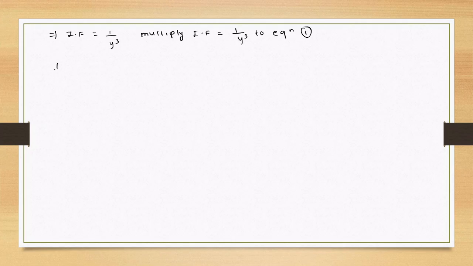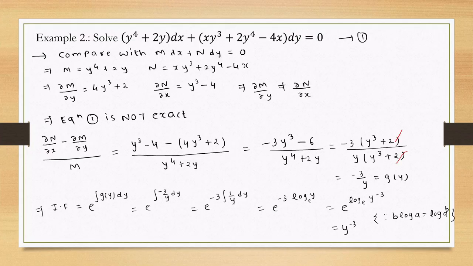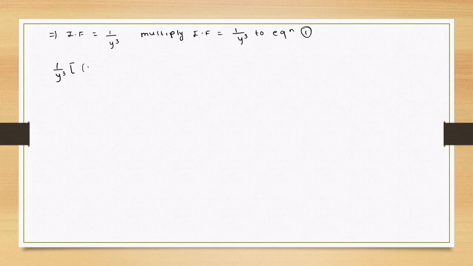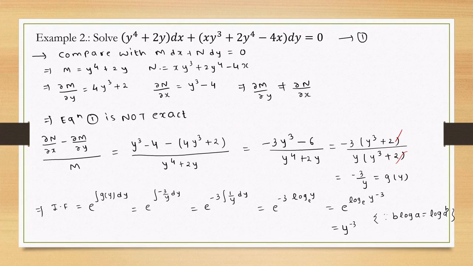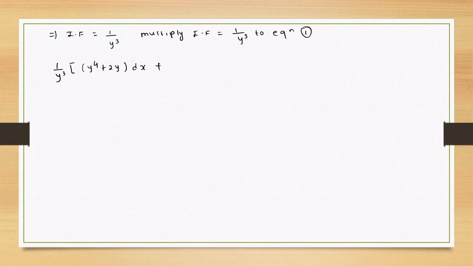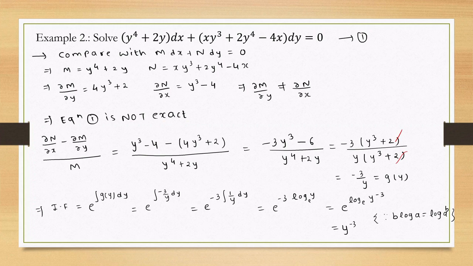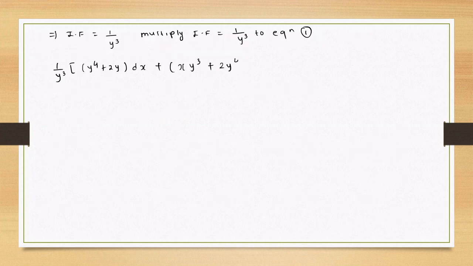Now, what is equation number 1? 1 upon y cube into equation number 1 is (y raised to 4 plus 2y) dx plus (xy cube plus 2y raised to 4 minus 4x) dy is equal to 1 upon y cube into 0.